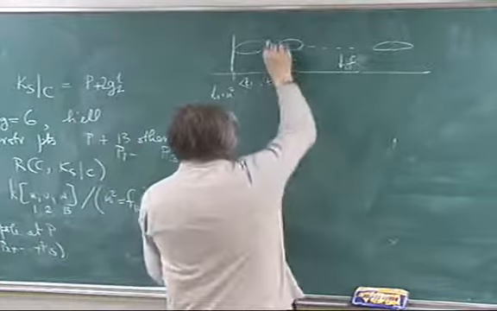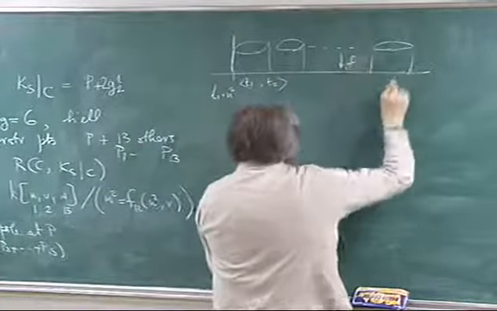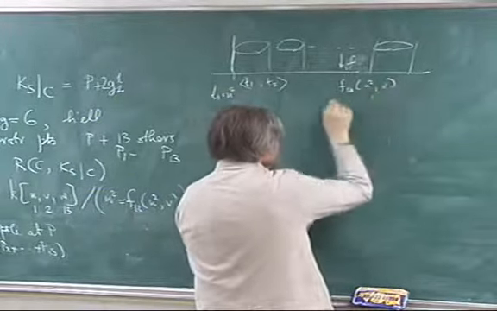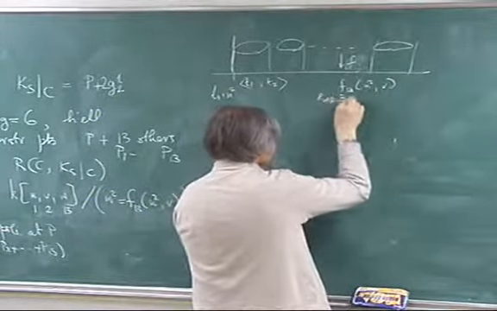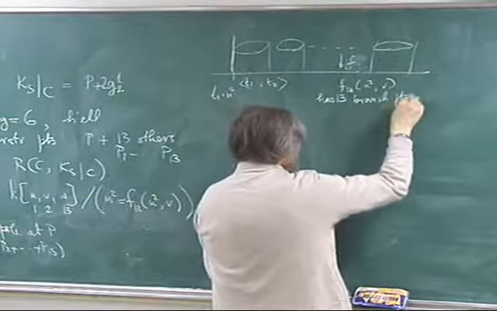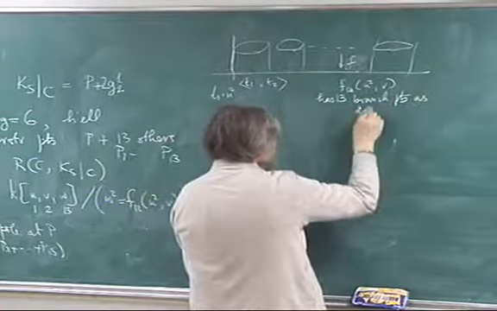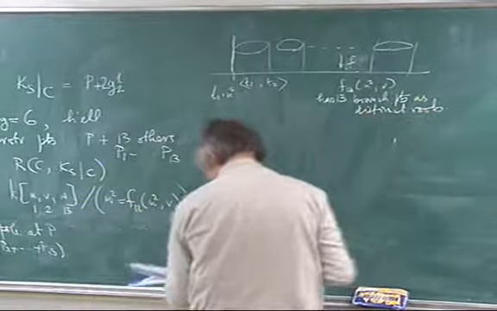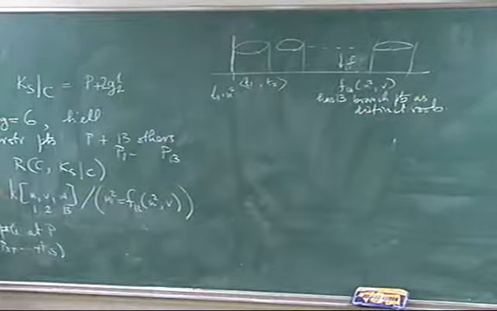Then there's F13 of U squared, V, which has 13 branch points as distinct roots. All that's very beautiful and very easy.